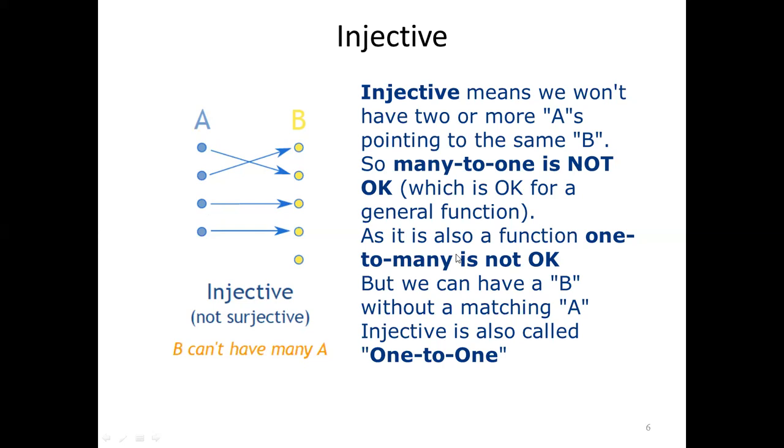As it is also a function, one to many is not okay, but we can have B without matching A. That means we can leave some elements from set B. So it is one to one. We can see the image as one to one.